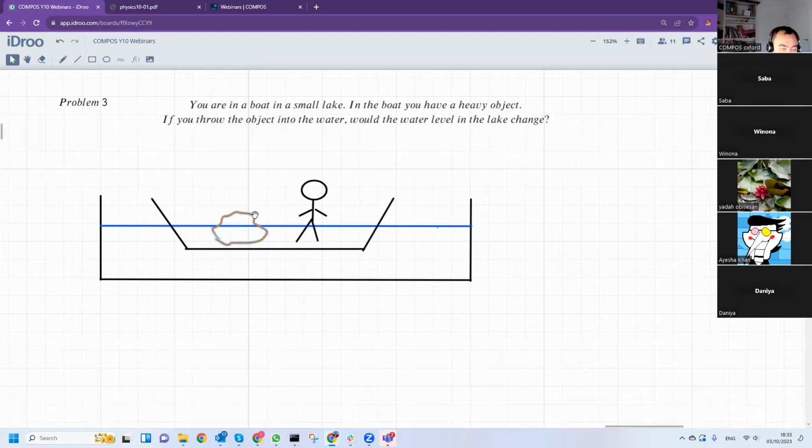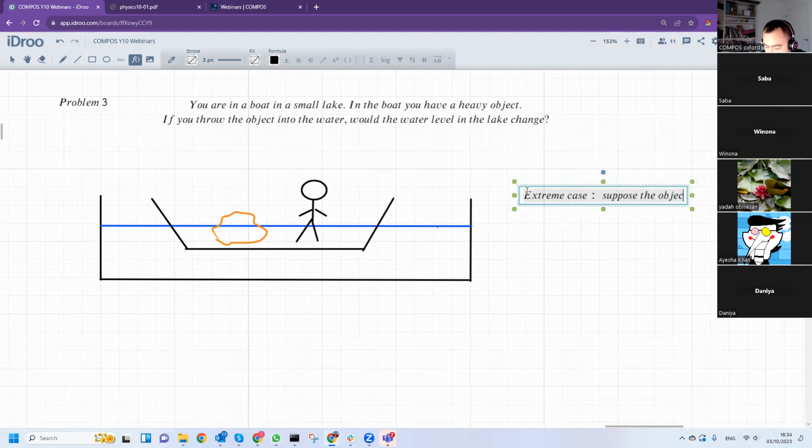Let's imagine this is called extreme case analysis. Suppose the object is very small, and very heavy.